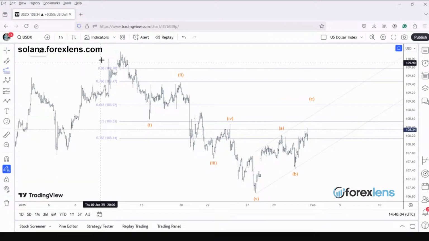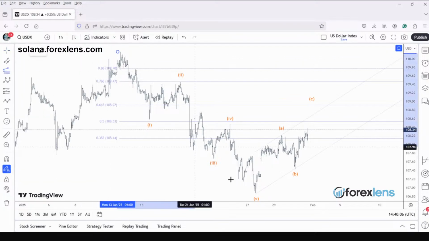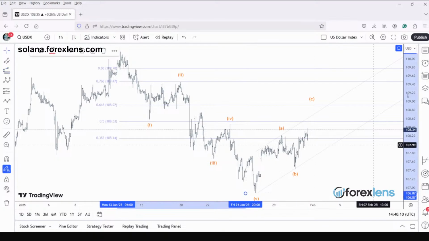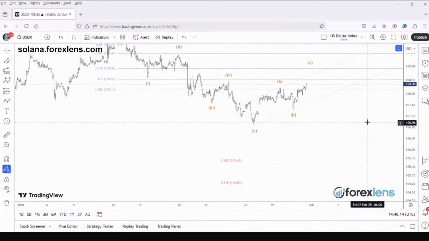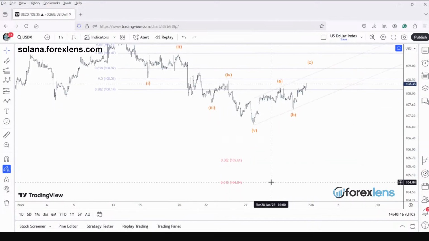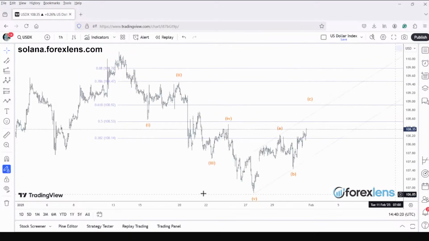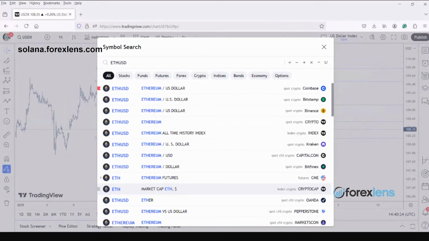Now the dollar index targets are up on your screens right now. Before I bring up gold, we need to take some profits somewhere. So just hold on. It's 104.84. Right. Before I switch to gold, we need to look at Ethereum.